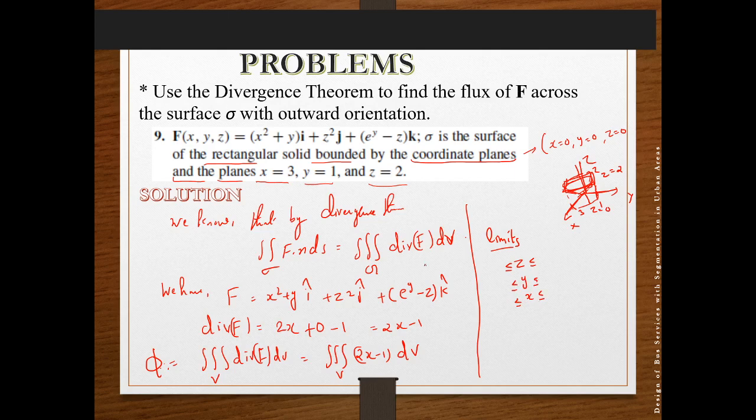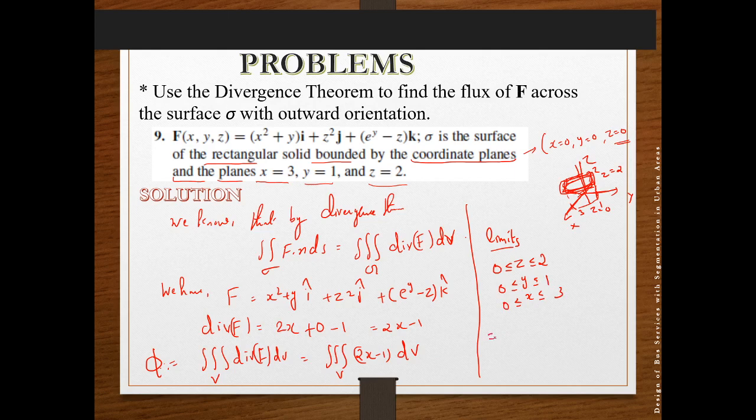Then what are the limits of z? The lower surface is definitely z equal to 0, from 0 to, what is the upper surface? 2. Similarly, y ranges from 0 to 1 and x ranges from 0 to 3.